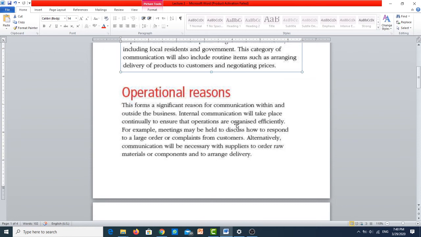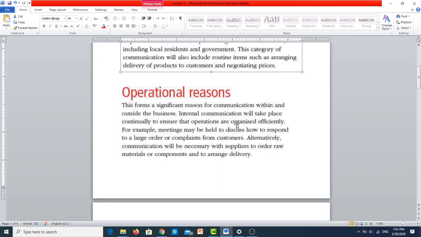So in this regard, communication is the most important thing, that you have proper guidance with the customer, and also proper communication with suppliers to do work on time.